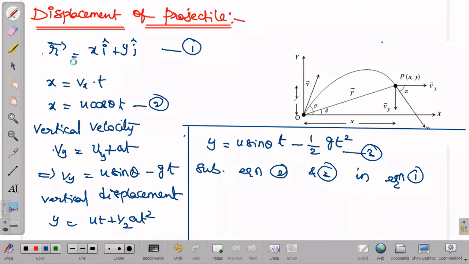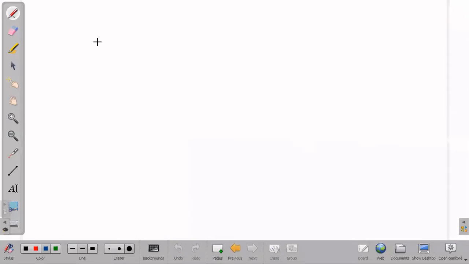r bar is equal to u cos theta t into i cap I will get, and next plus u sin theta into t minus half g t square into j cap we will be getting, right?